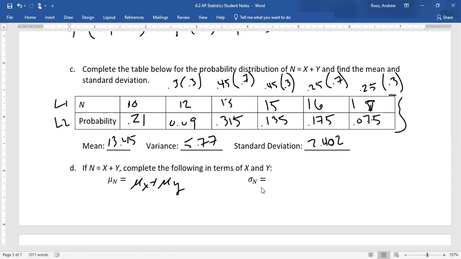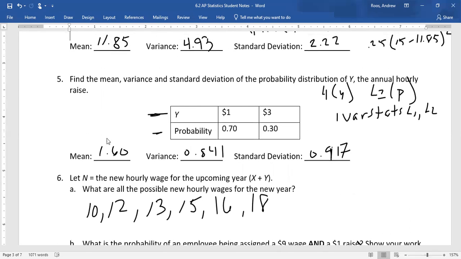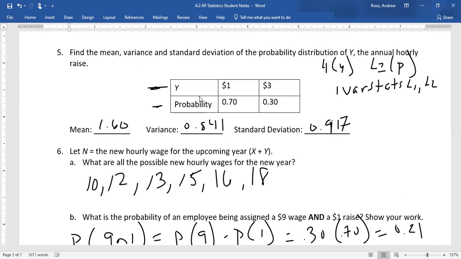Okay, the standard deviation of N would be the square root of the variance of X plus the variance of Y. So variance would just be adding the variances together. Notice you can add means to get the new mean.